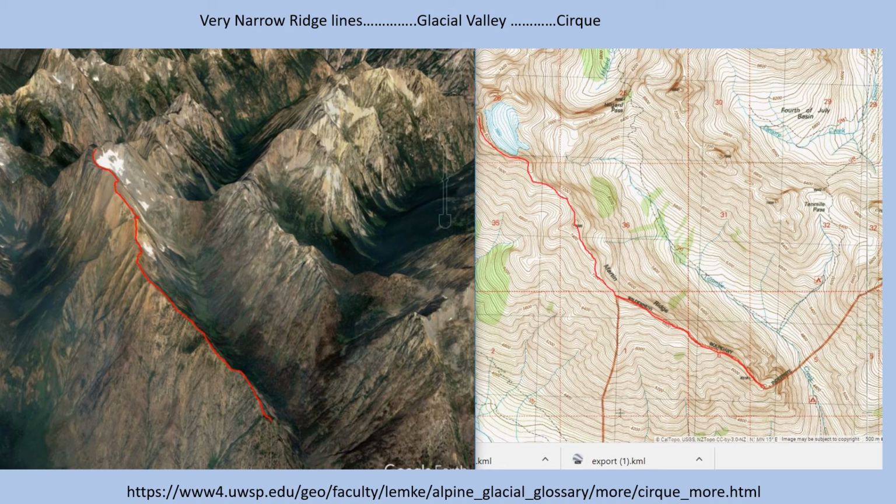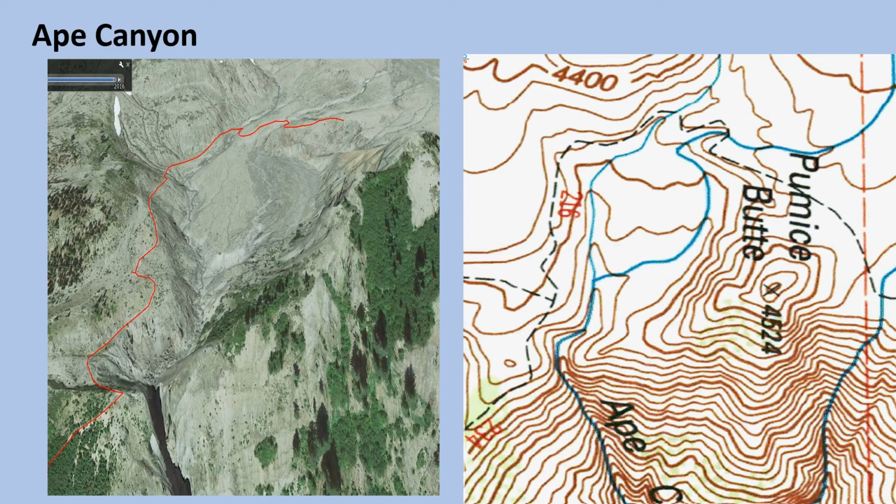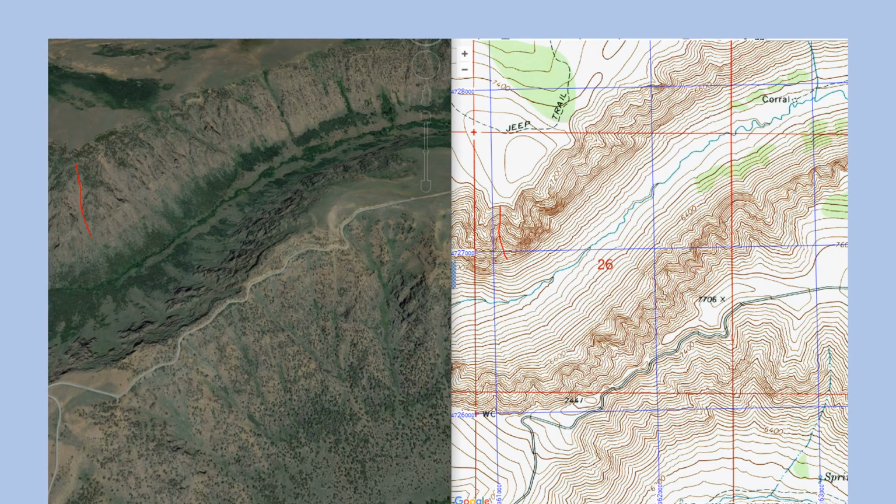Narrow ridge lines, a glacial valley, and cirques. Ape Canyon. The photo is a little distorted, but it is an interesting spot. This is a glacial valley in the Steens Mountains.